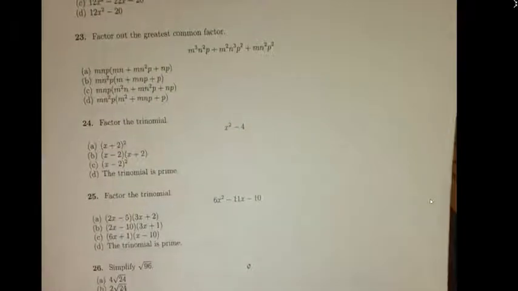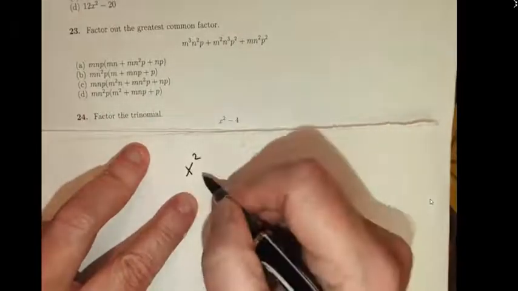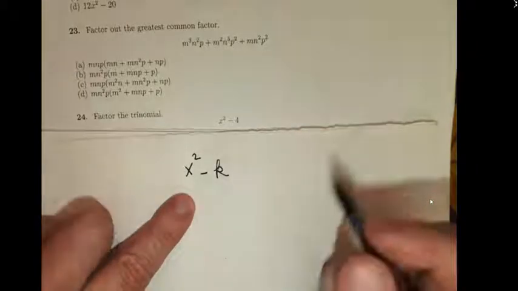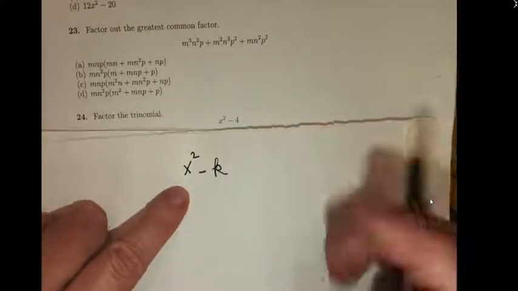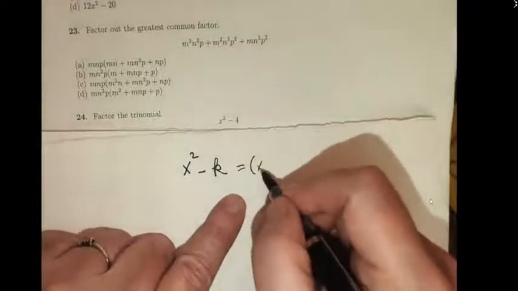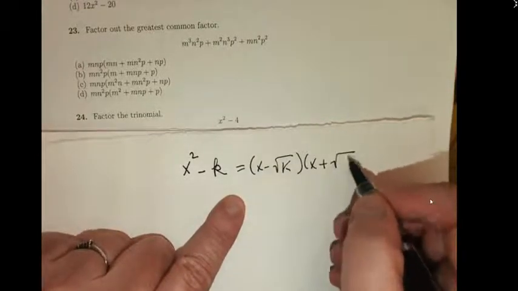All right, now it says to factor this trinomial. All semester, I've been mentioning several times across different videos, if you have something of the form x squared minus k, where k is some positive real number, then this will always factor as x minus the square root of k times x plus the square root of k.